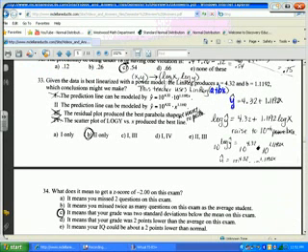And so that's why he writes his linear regression as 4.32 plus 1.1192x.